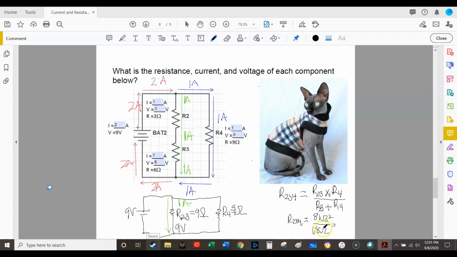Again, when you combine these together, sometimes you get a fraction. Can't do much about that. And so now we have just one circuit. Let me redraw that. So I'm going to redraw this circuit right here.